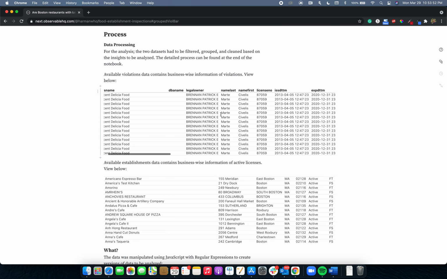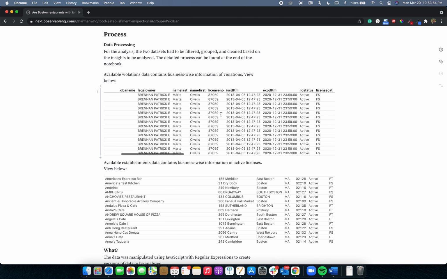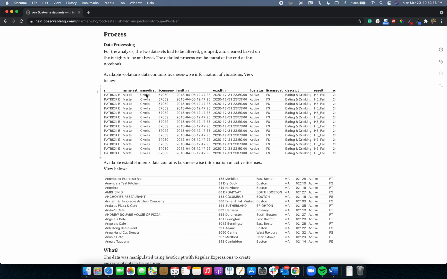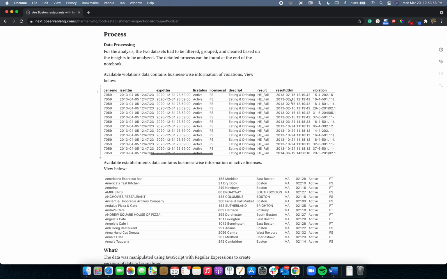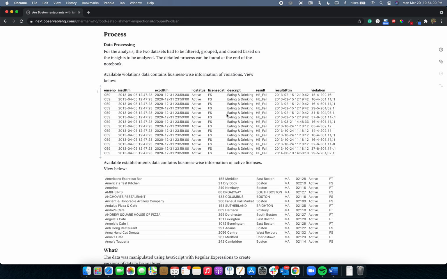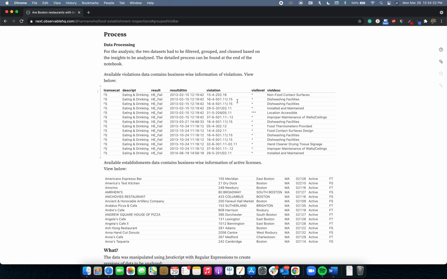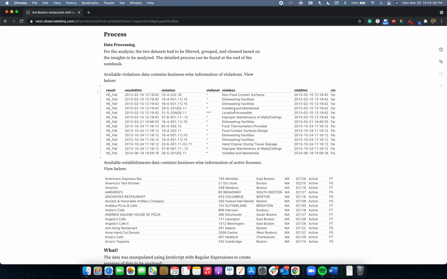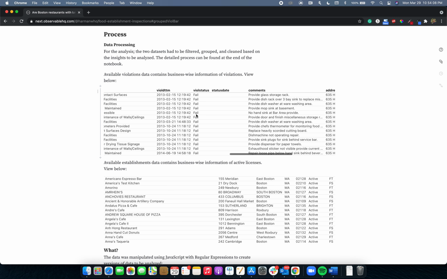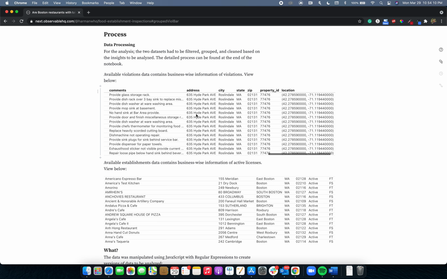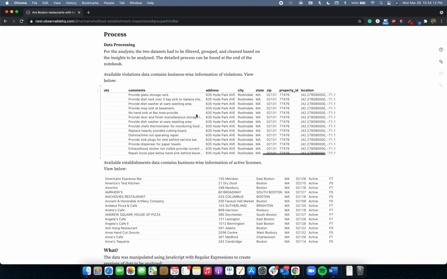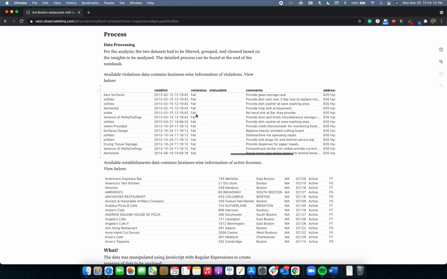Before getting into the process, this is what the violations data looks like. It has the name of the business, the violation dates, the degree of violation, the description of violation, and other columns that we are not going to use in this analysis but could be very useful.